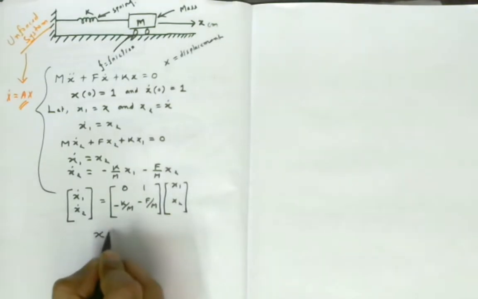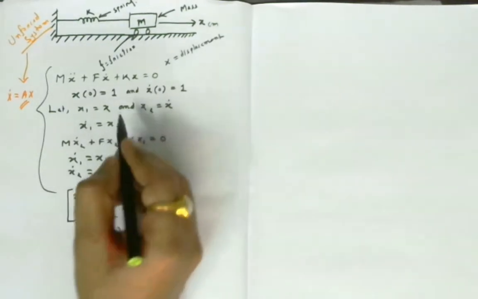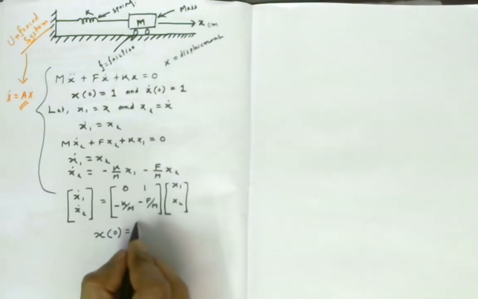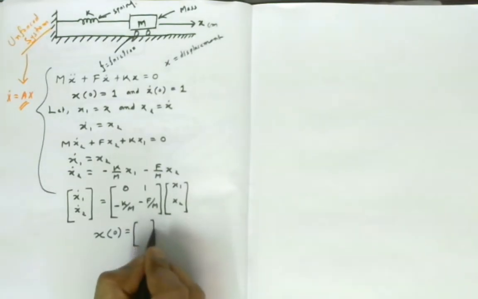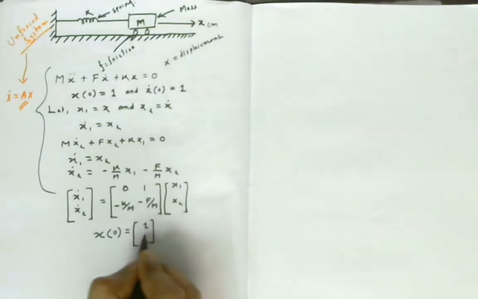Your initial conditions given for the two state variables are 1 and 1 in this case.